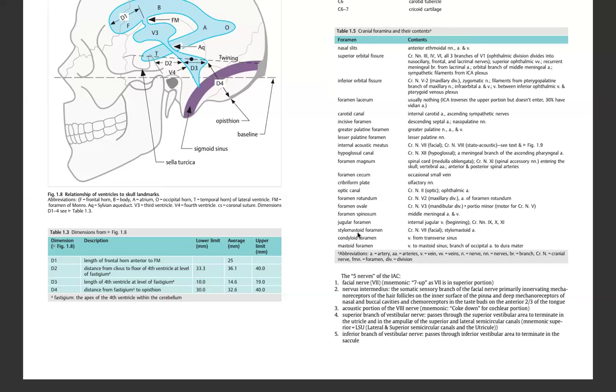So we have the arrangement at the level of the porus acousticus. I think we've said it a lot in our discussions, but it's important since we're talking about it here. It is a 7-up Coke down arrangement. Of course, everybody knows 7-up and Coke, so it's easier to remember.